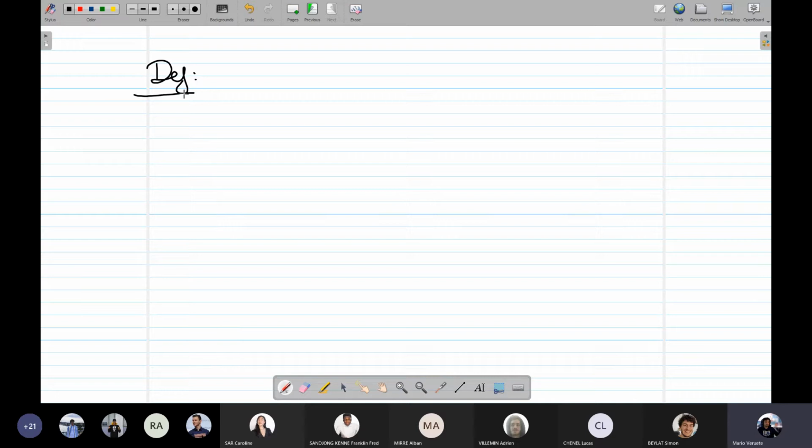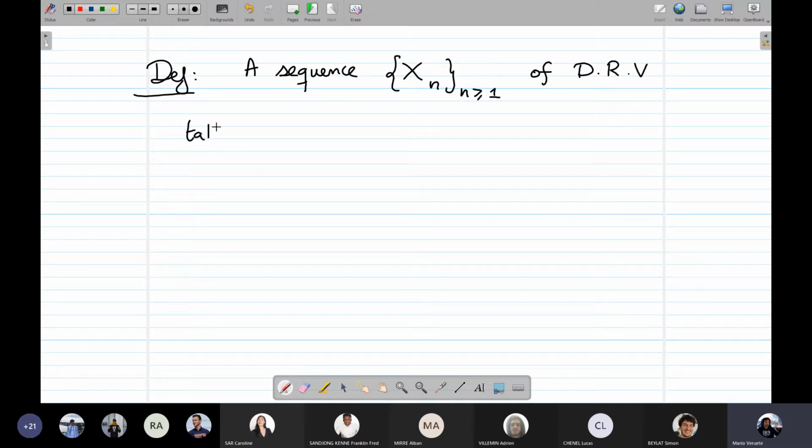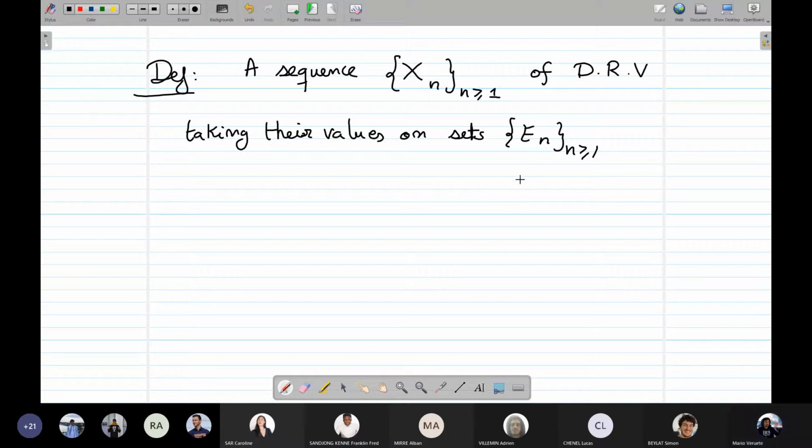We actually can generalize even more, but we don't care about that. A sequence, une suite in French, a sequence Xn for n bigger than 1 of discrete random variables, taking their values on sets En, n bigger than 1, respectively.